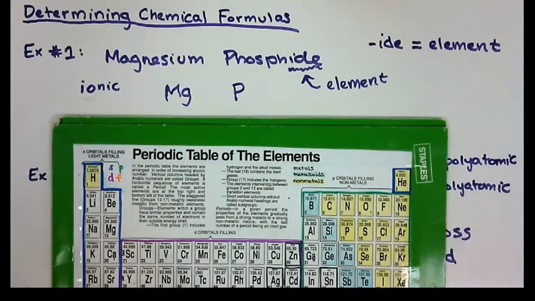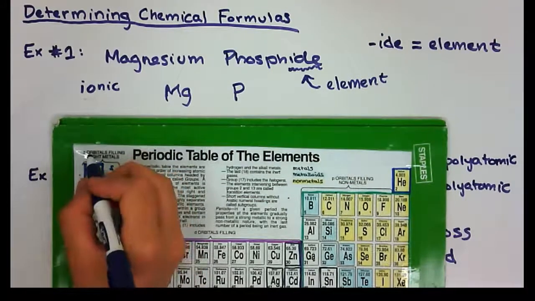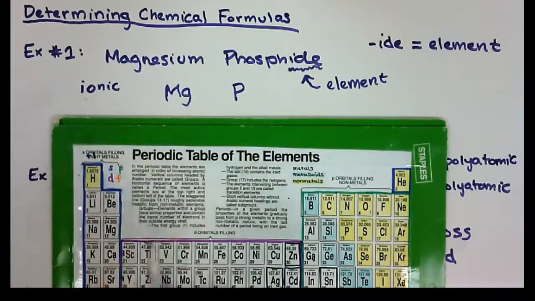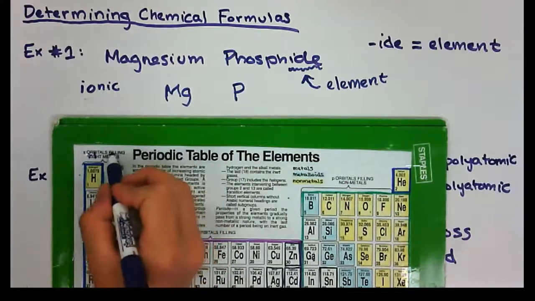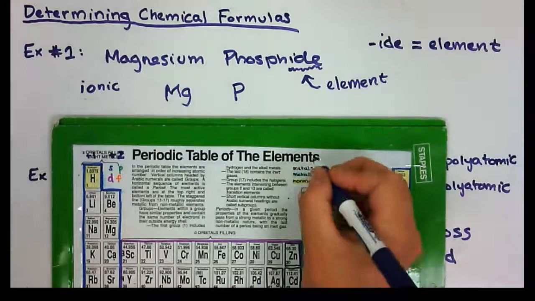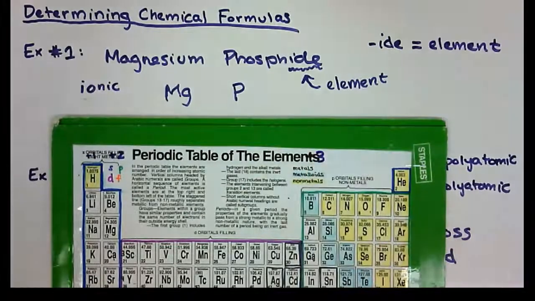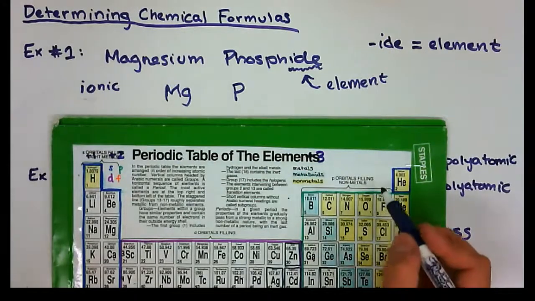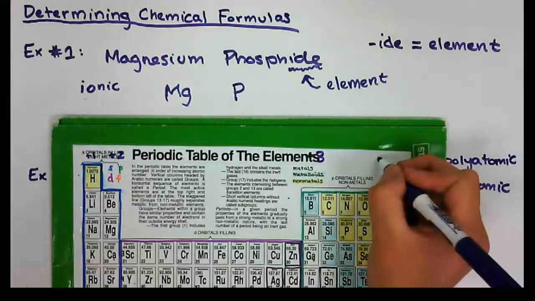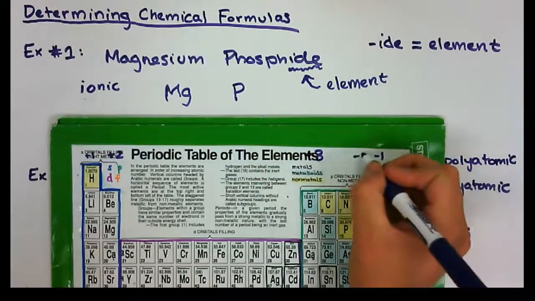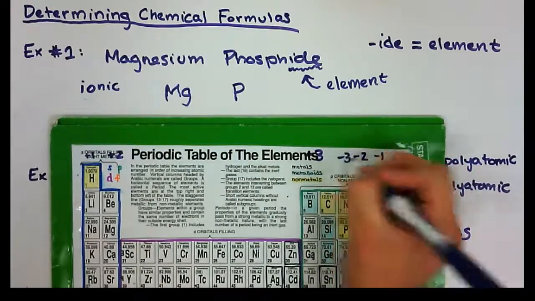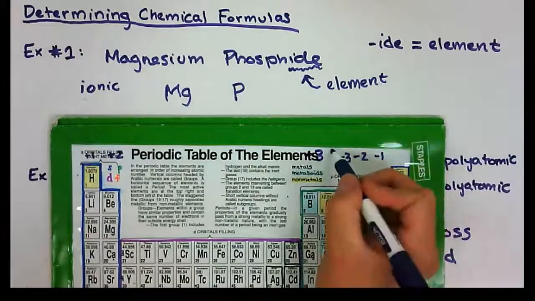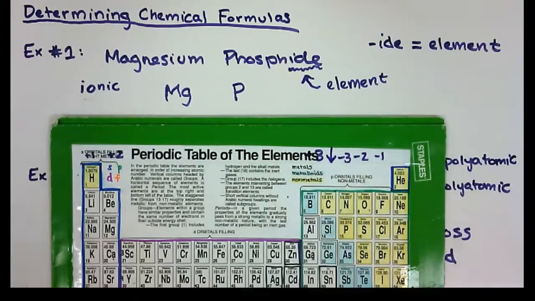We learned before that this first column has a +1 charge, the next column has a +2 charge, and then a +3 charge here in group 13. If we start over in group 17, we have a -1 charge, then a -2 charge, then a -3 charge. Remember also that group 14 doesn't generally form ionic bonds. Generally, those elements form covalent bonds.